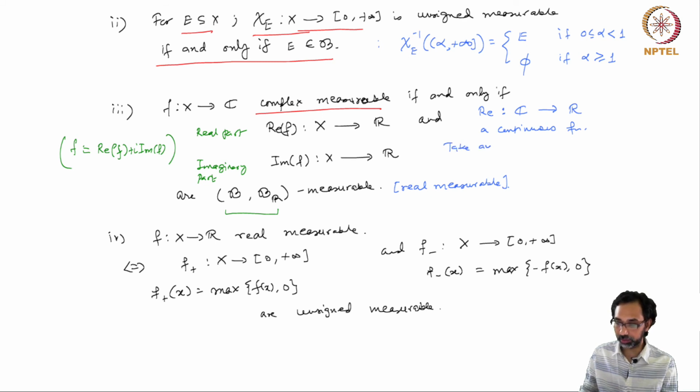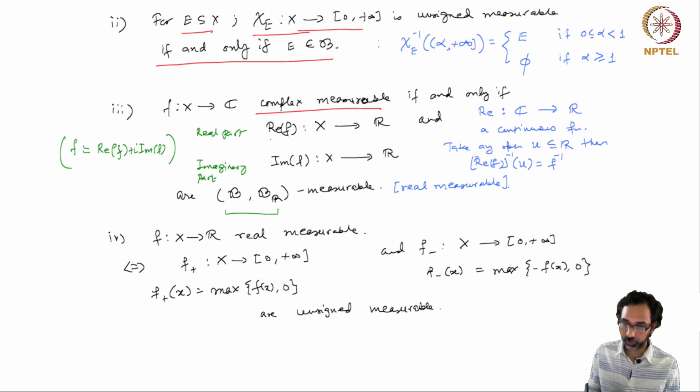And so if you take any open set U in R, then the inverse image of U under the real part of f is nothing but a composition. The real part of f is a composition of two functions, the real part and f itself.